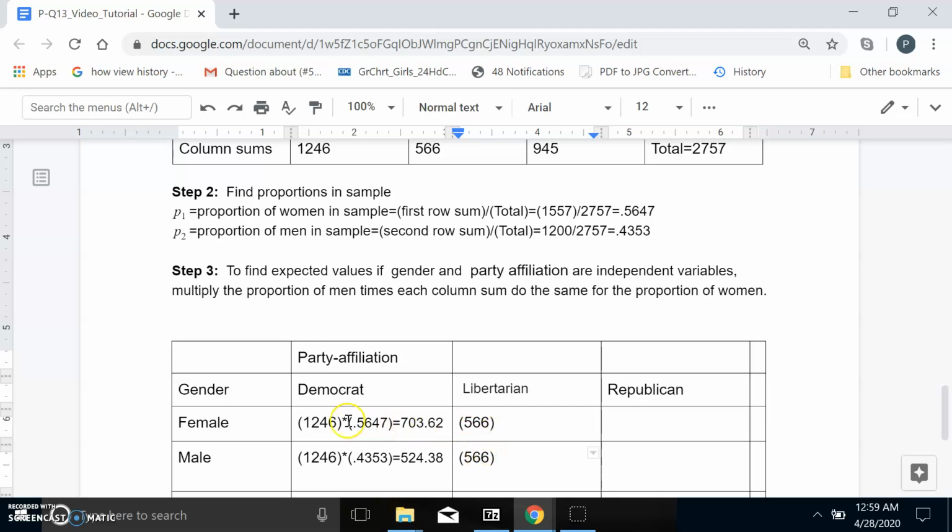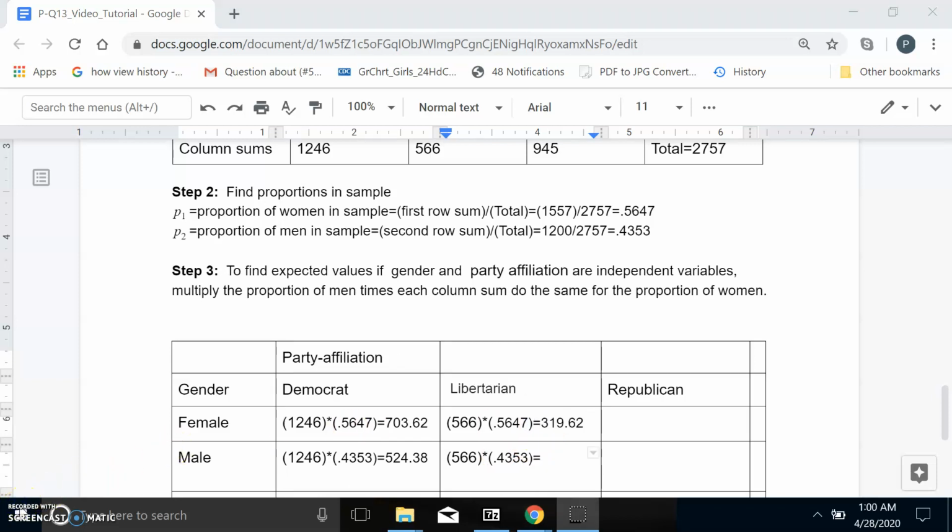And the top one's multiplied by the proportion of women, and the bottom one by the proportion of men. And working these out, I'll let you check, you get 319.62 for the first one, and for the second one, you'll get 246.38.